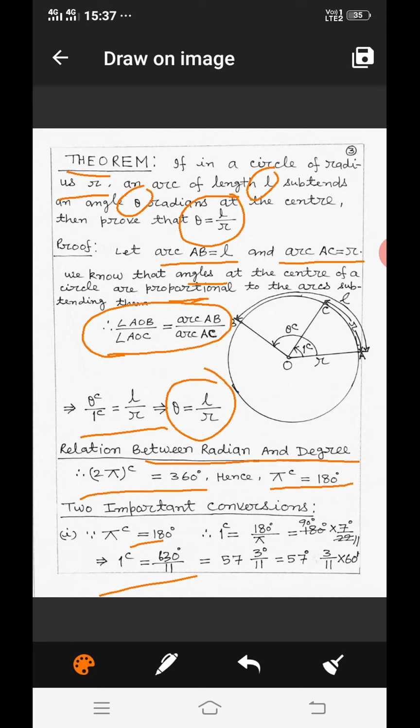This is equal to 57 degree and 3 by 11 into 60 minutes. Here we convert the fraction of a degree into minutes, so we multiply by 60.